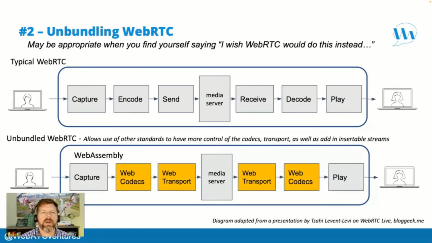That's a sort of scenario where you're thinking, well, I wish WebRTC would do this instead. That's the sort of scenario where you might want to consider an unbundled WebRTC application, because you can use the WebTransport and WebCodecs APIs to do that sort of low-level manipulation yourself.